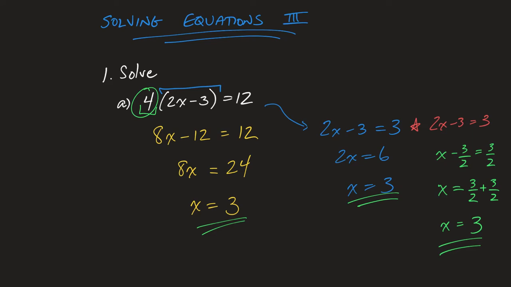I just have no clue why you would want to do the green. Like, why would you want to introduce fractions if you could have avoided it? So if we look back at the original expression, because that 4 was multiplied by everything on that side, that's what allowed me to divide it out first. Okay, I hope everybody can see that they can work through that gold solution perfectly fine.